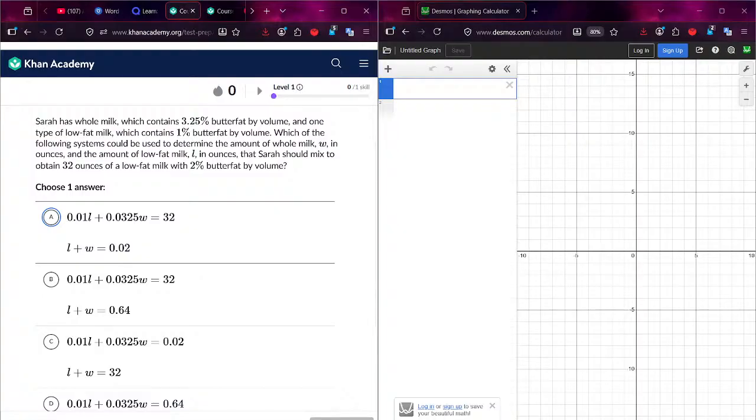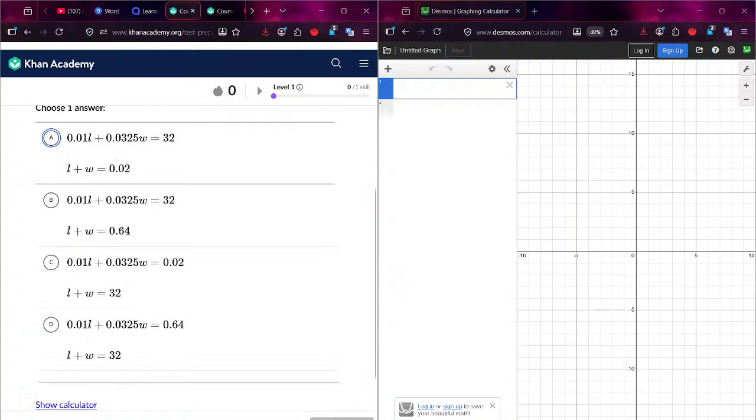Which applying systems determine the amount of whole milk in ounces and the amount of low fat in ounces. So these added together: whole milk W and L is going to be the amount of them.